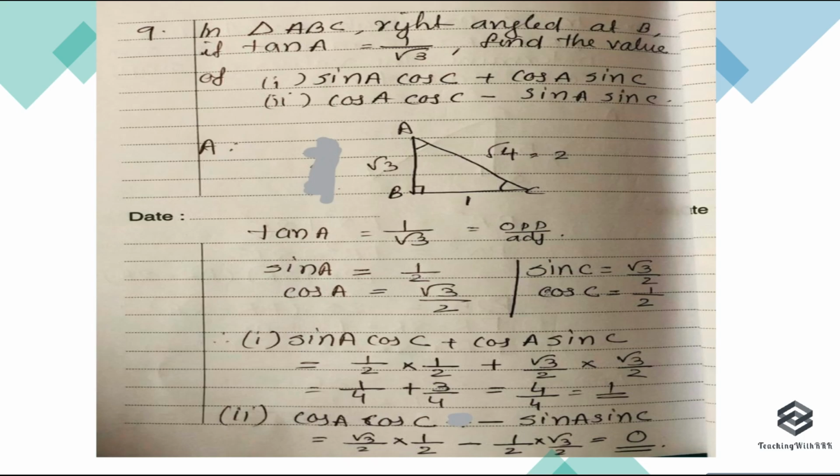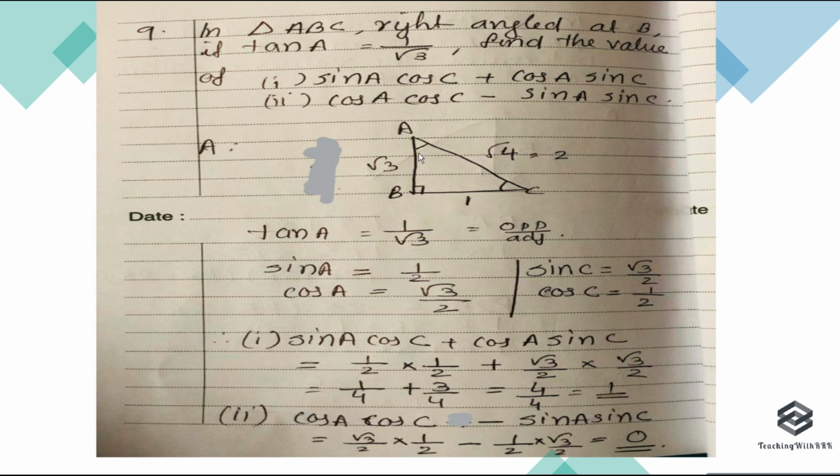Ninth question. In triangle ABC, right angled at B, if tan A equal to 1 by root 3, find the value of first, sin A cos C plus cos A sin C. Second, cos A cos C minus sin A sin C. First, draw a right angle triangle. Right angled at B, so here 90 degree.